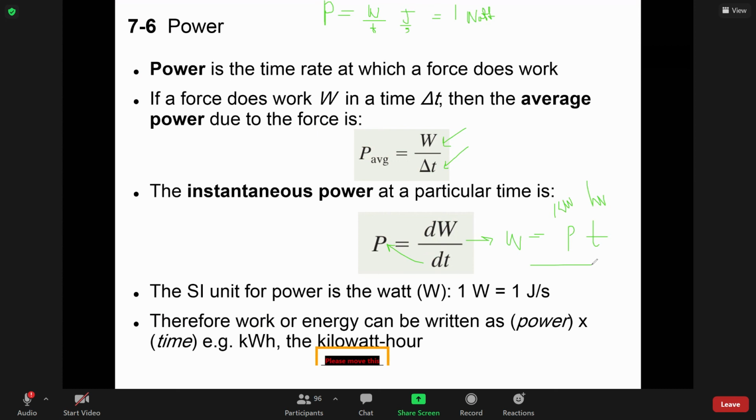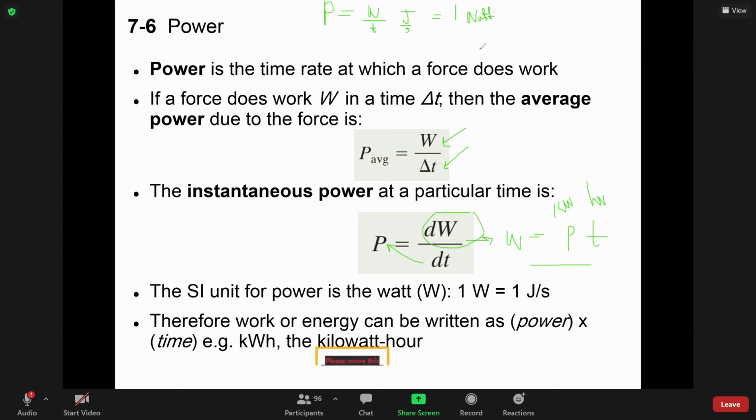Power multiplied by time, so it equals work. When you say kilowatt-hour, what are you paying for in electricity? You pay for energy, work. The bill you receive says kilowatts multiplied by hours, which means power multiplied by time is the work. So what you pay is the energy that you consumed from the electricity line. This is an example showing that the electricity bill is basically energy, because it's power multiplied by time.